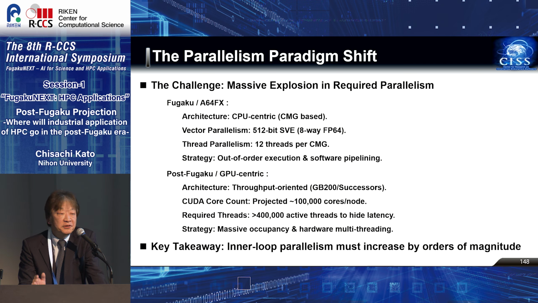That means you have to produce more than 400,000 threads to saturate the streaming multiprocessors to feed sufficient data to the registers. The strategy is massive occupancy and hardware multi-threading. So at the bottom line, the inner loop parallelism must increase by orders, not a single order, by orders, from 96 to 400,000.